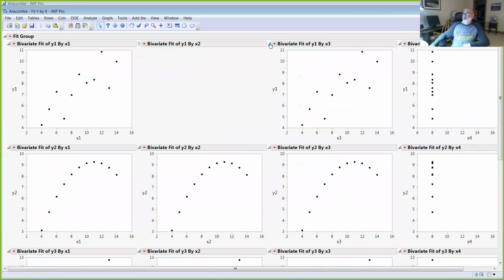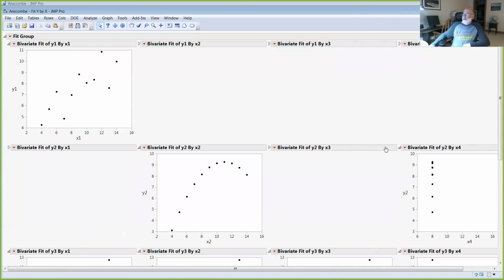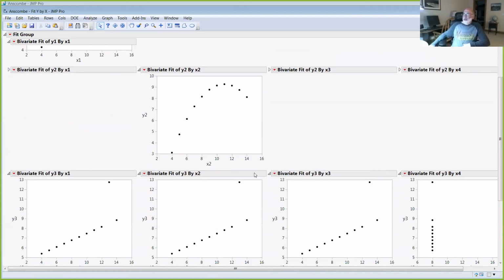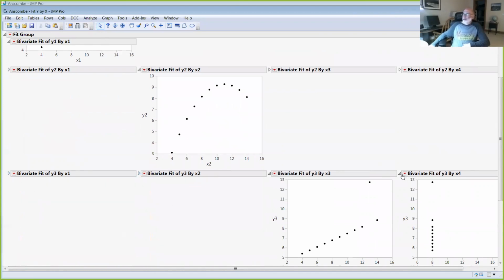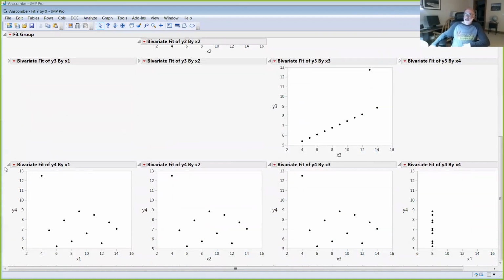We don't want y1 by x3. Oh, okay, this will work. We want y2 by x2. We want y3 by x3. So I'm just getting rid of the graphs that are not the right sets. And we want y4 by x4.